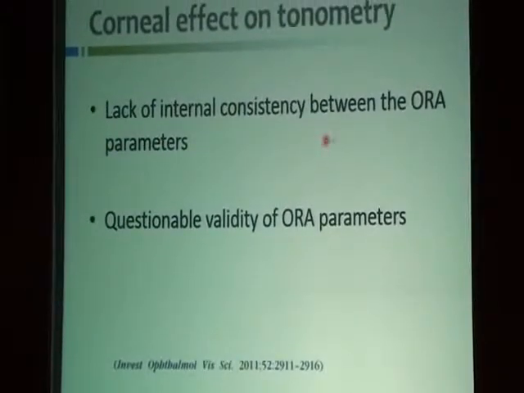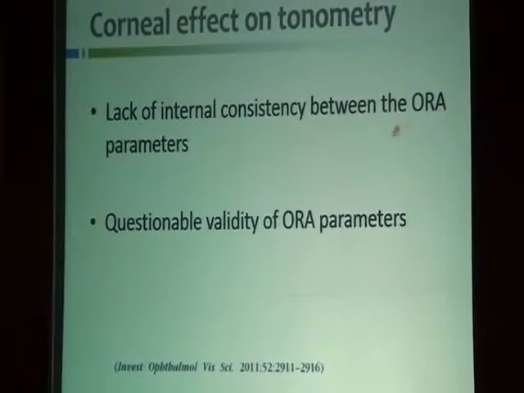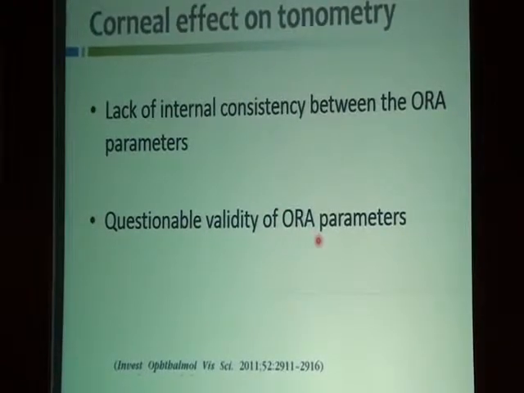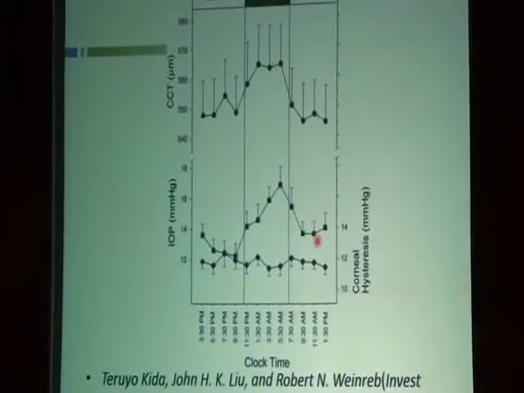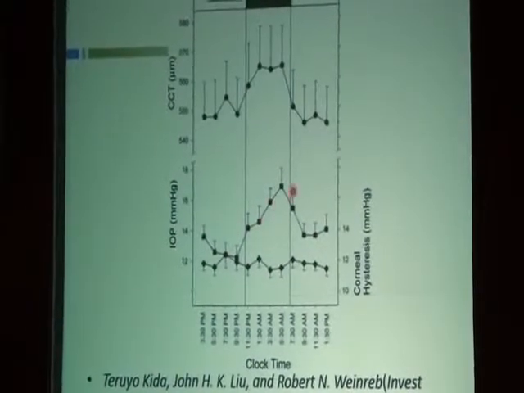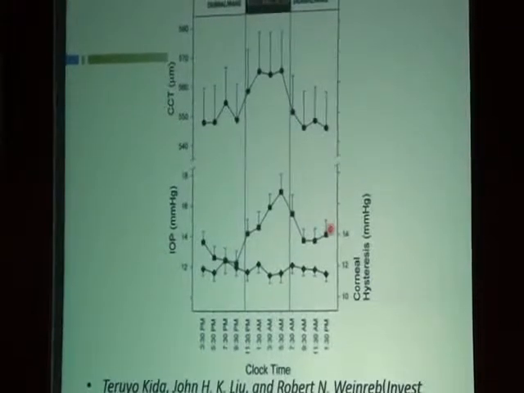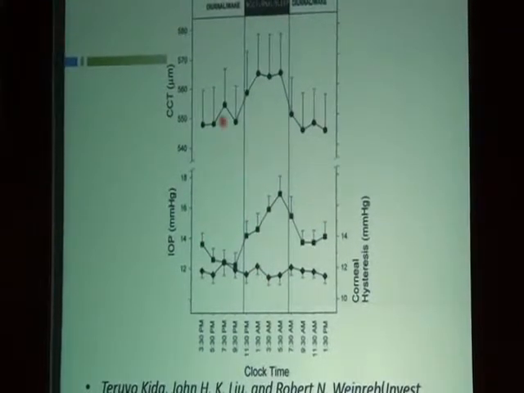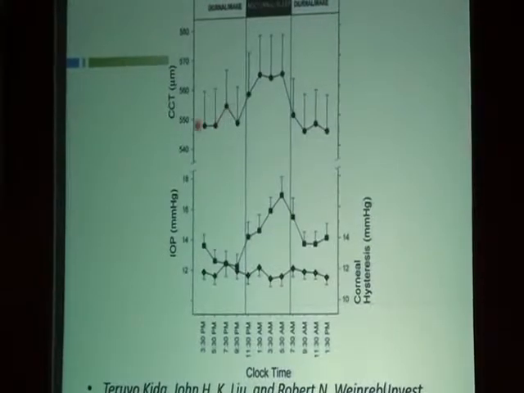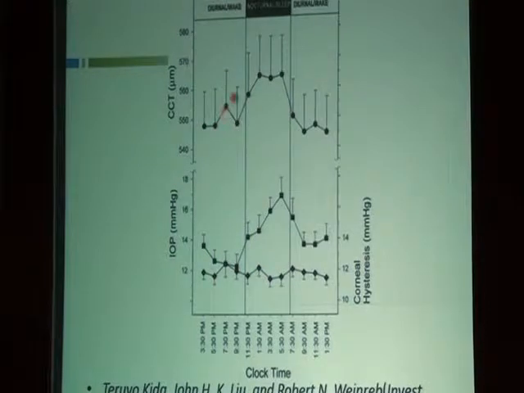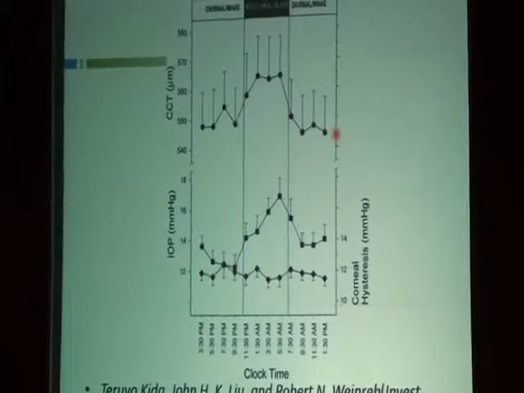So there is a lack of consistency among the ORA parameters, and the validity of these parameters is still questionable. And when you look at the intraocular pressure diurnal variation and its relation to the corneal hysteresis, here the CCT, the intraocular pressure and the corneal hysteresis are measured every 2 hours for a 24-hour period.